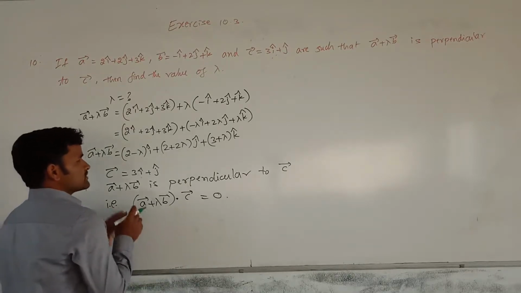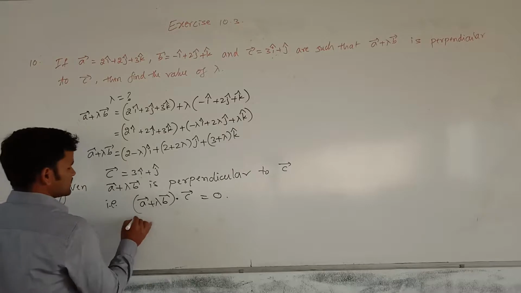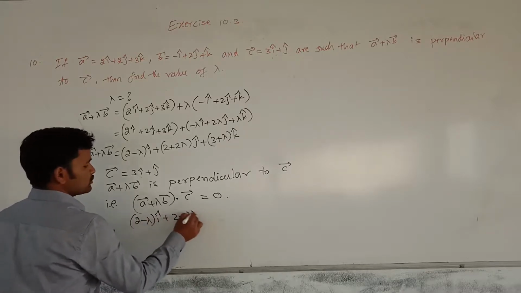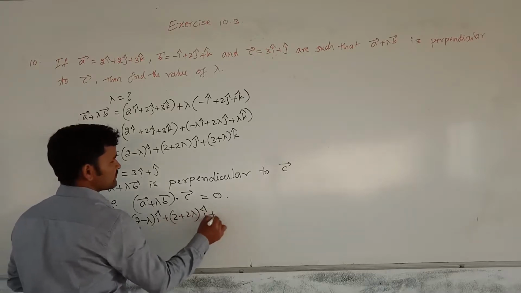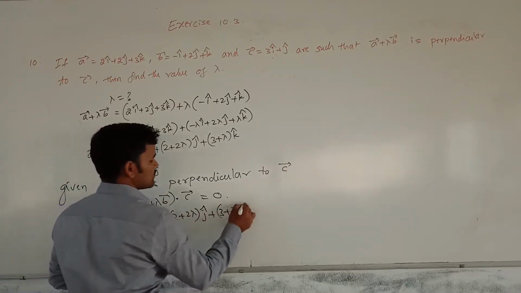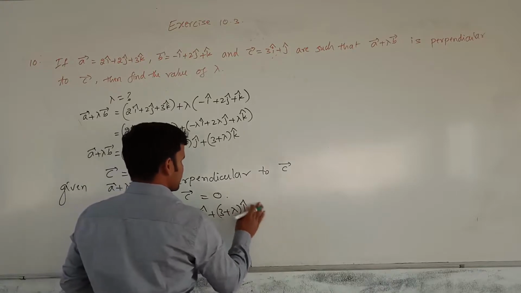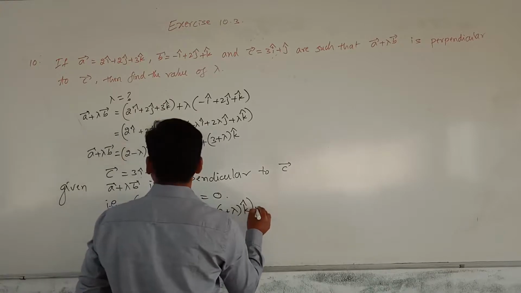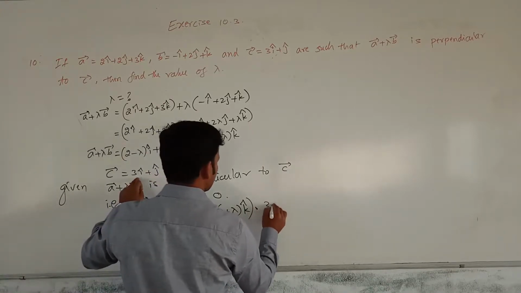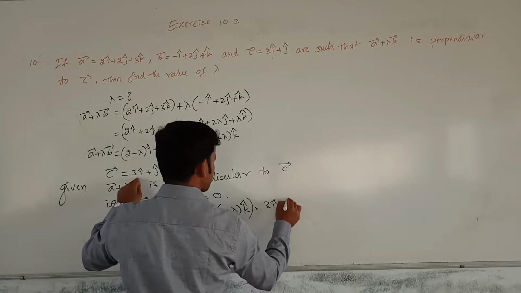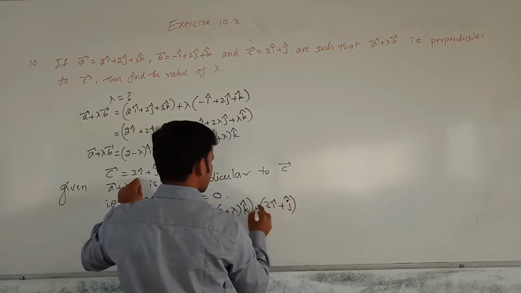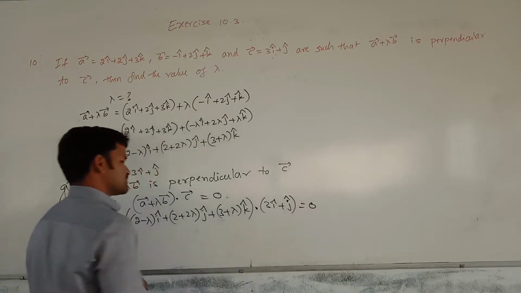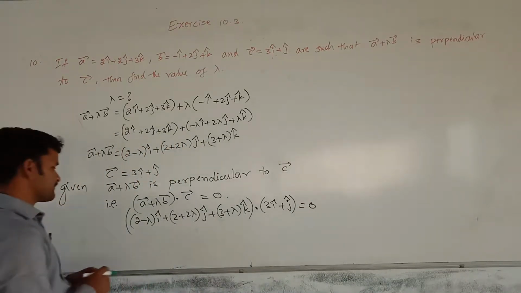Now substitute this. A plus lambda B is 2 minus lambda into i cap plus 2 plus 2 lambda into j cap plus 3 plus lambda into k cap. This whole vector is in dot product with the vector C, that is 3i plus j. This is equal to 0. With this expression we need to find out the value of lambda.